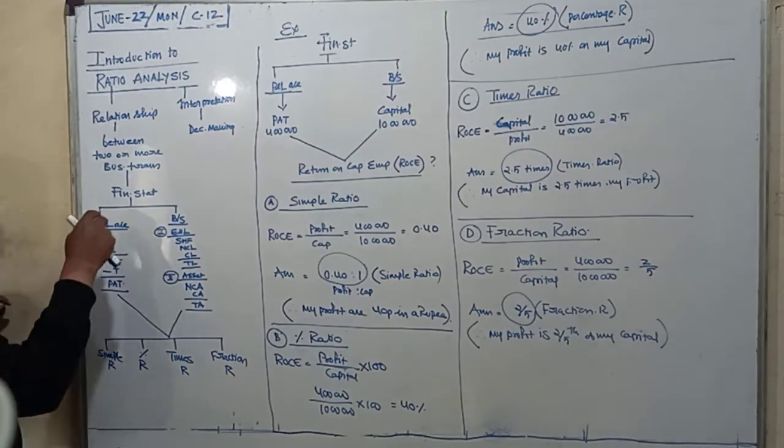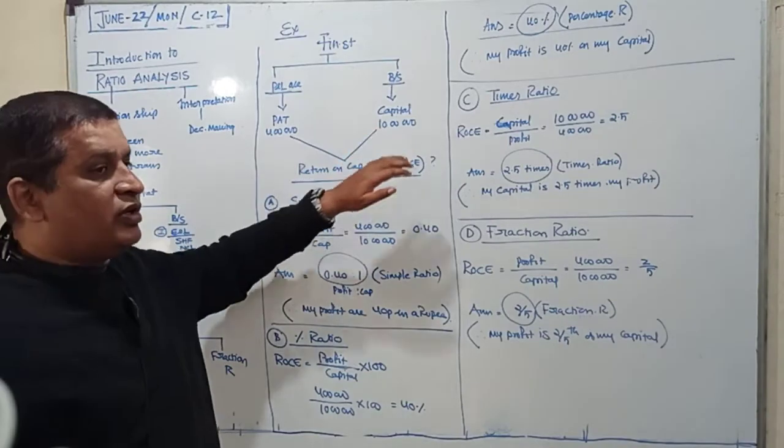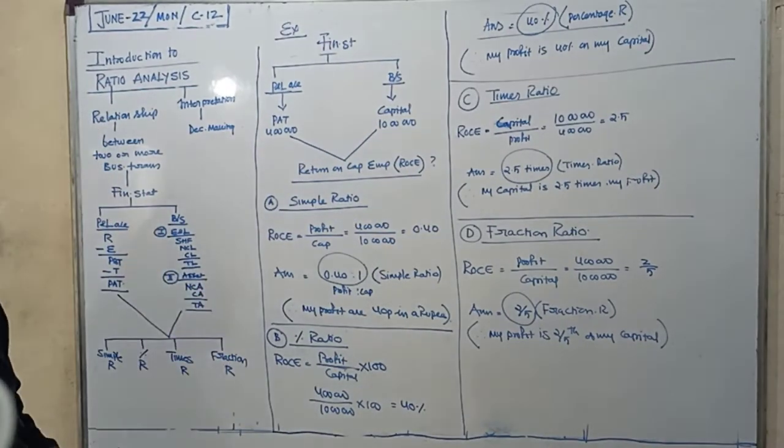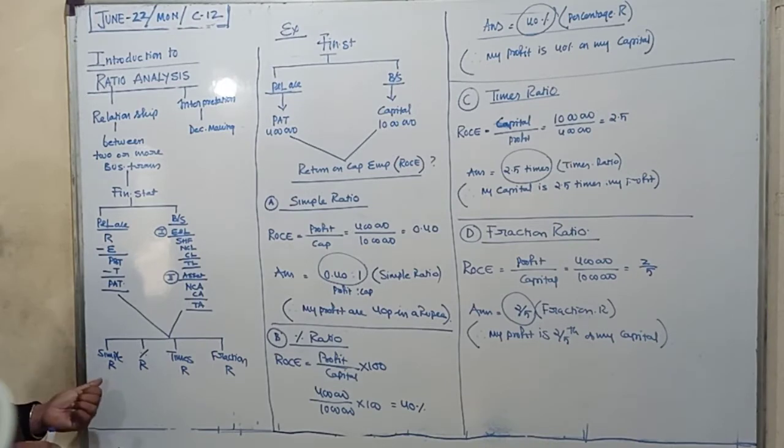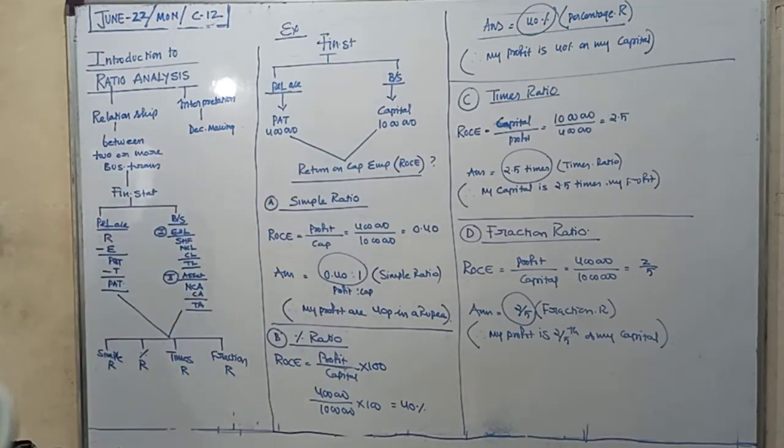So they are taken from the financial statement, and we are expressing the relationship between these two, therefore it is understandable even to a layman. And that expression can be a simple, percentage, times or fraction ratio, and this has been the example for it.